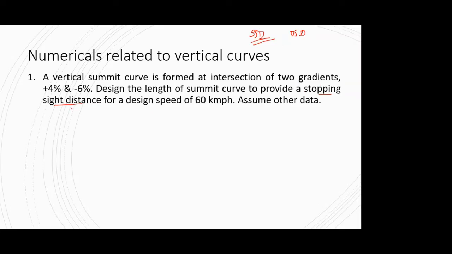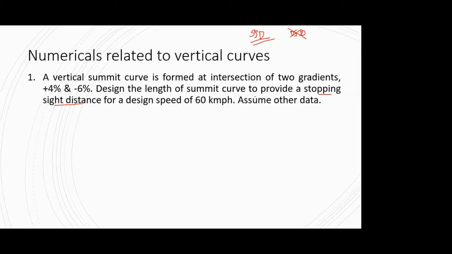This is what you have to look out for in the numericals: if in the examination they say design the summit curve for SSD or OSD particularly, then you have to only use those formulas and those cases, and no need for other things. Here they have asked only for SSD, so we don't need the formulas or conditions for OSD, overtaking sight distance.